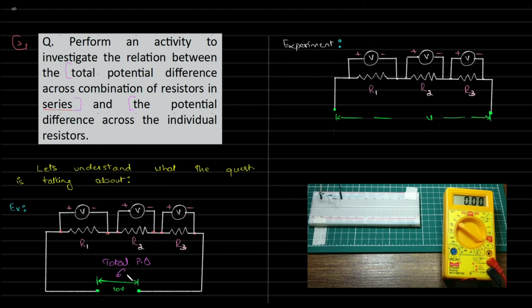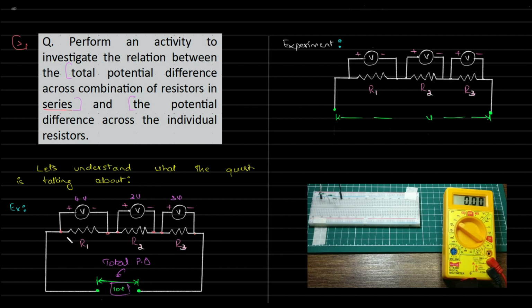So what they're telling is, if you take three resistors connected in series and supplied with some voltage, for example 4 volts, here you will get 3 volts, and here 3 volts again, because 4 plus 3 plus 3 is 10, and at the ends we have 10 volts. Basically, these voltages should add up.